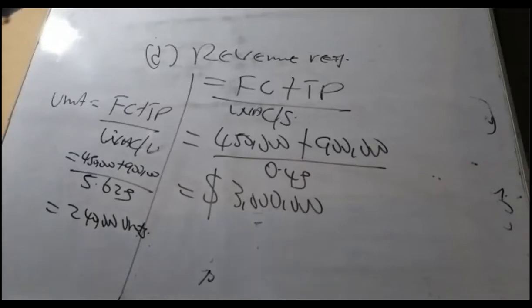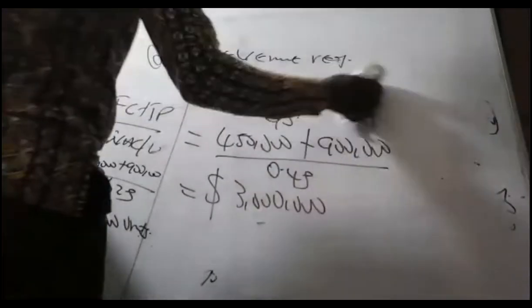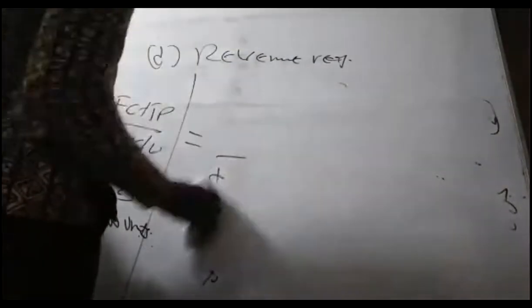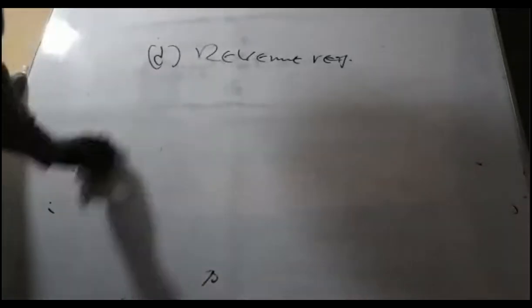Now, when they ask for the graph for multi-product, there are two types of graph. The most common one is the profit volume chart, or the profit chart. I'll just sketch it for you, but you have to use the main details.